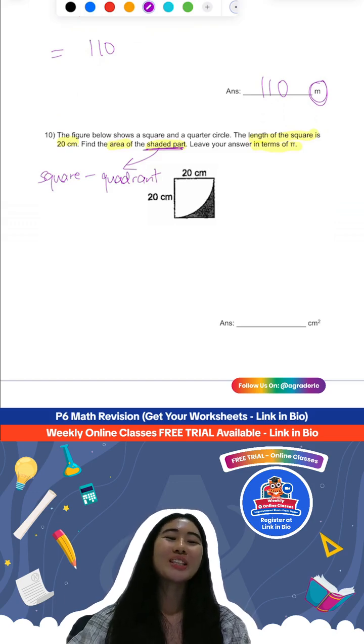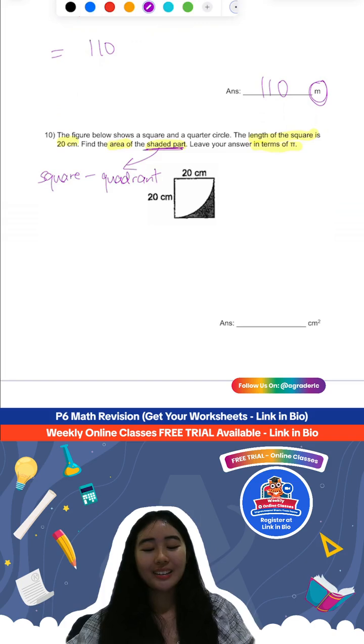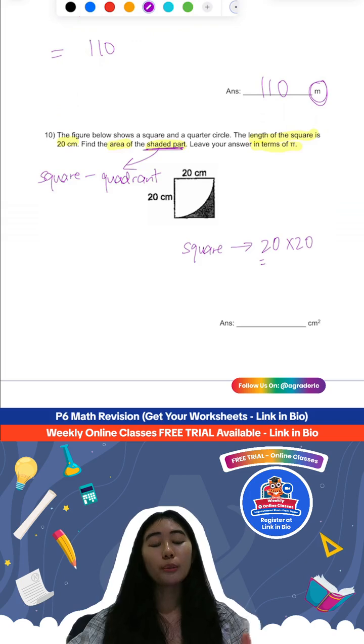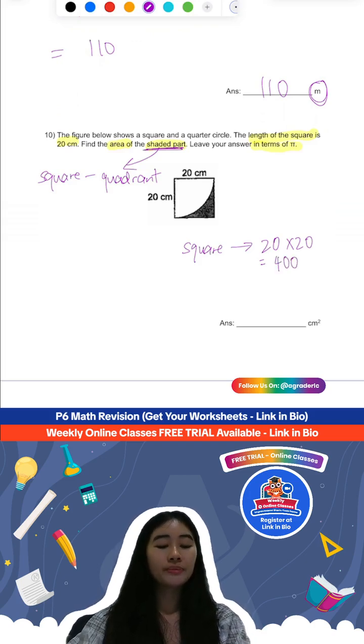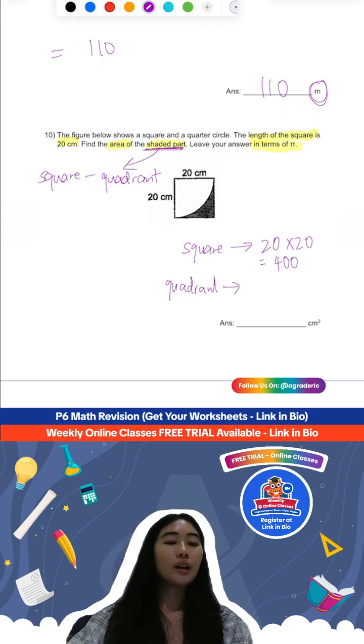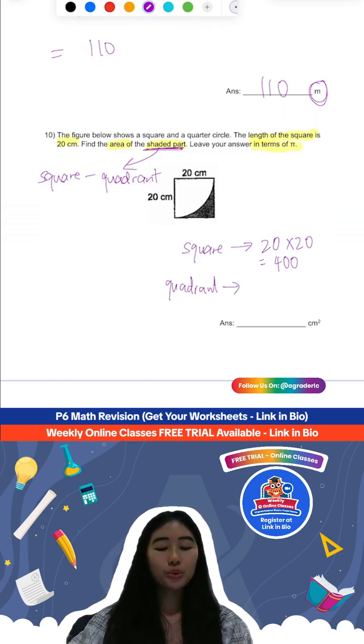Okay, so most of you are just sending me the final answer. All right, find the area of a square. You're going to use 20 times 20, length times length, to get 400. That's the square. Okay, then after that, you're going to find the quadrant. What formula are you supposed to use?